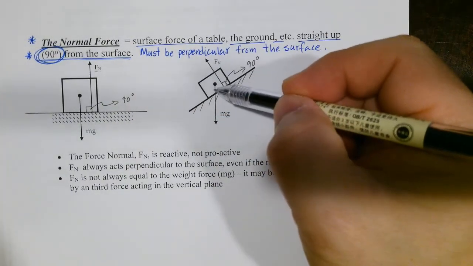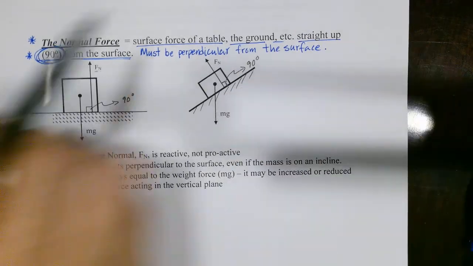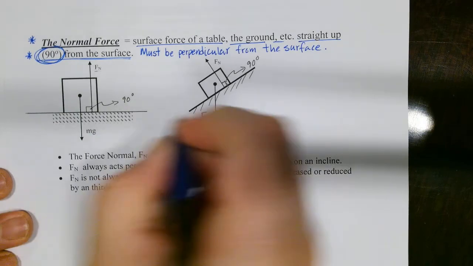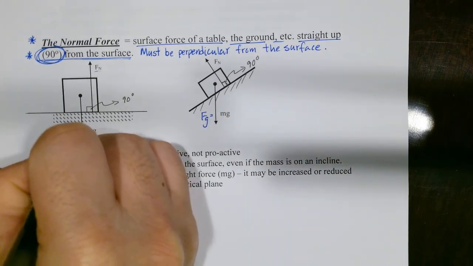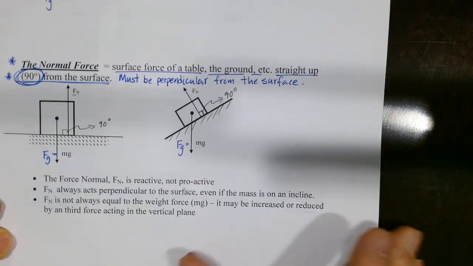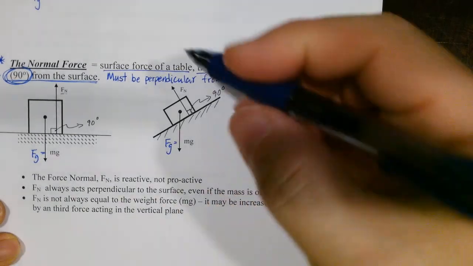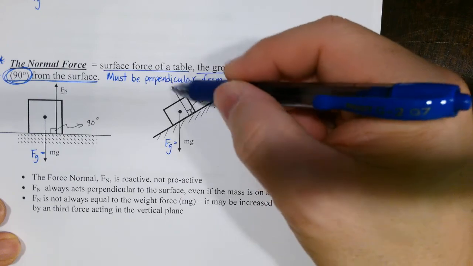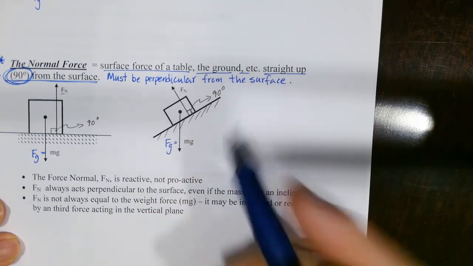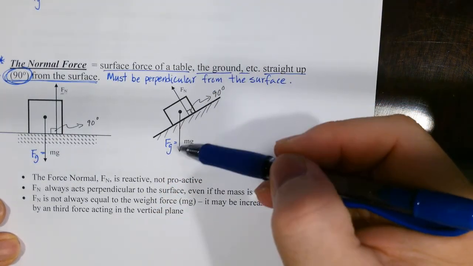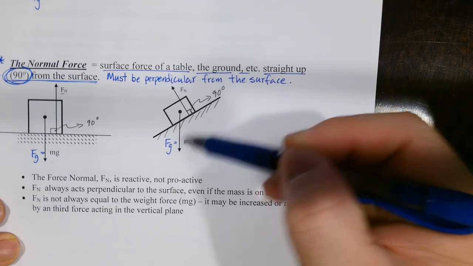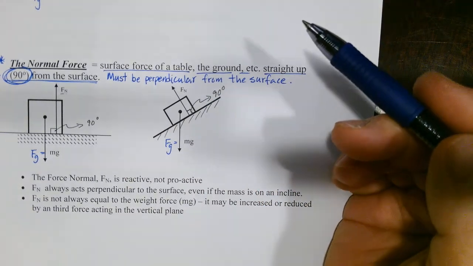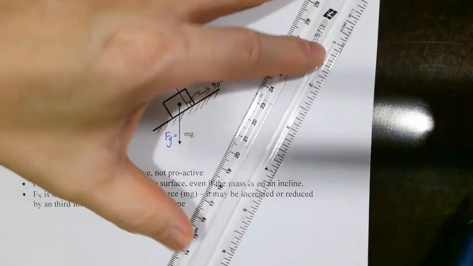Notice this Fg is still acting straight down on an incline. How much would this normal force have to be in order to support it? Would it be the same as your Fg here, or would it be less? Well, we could probably figure that out.